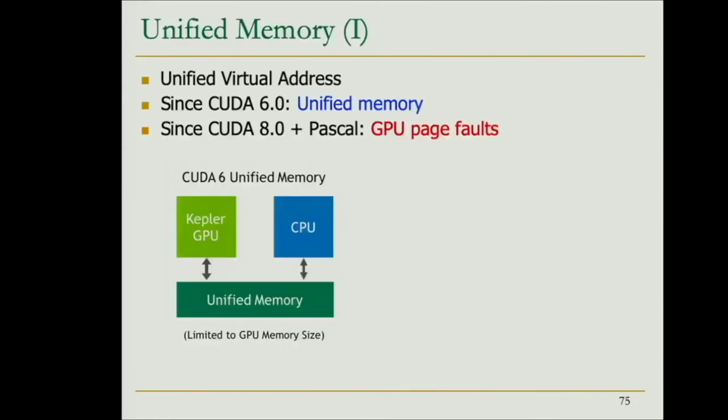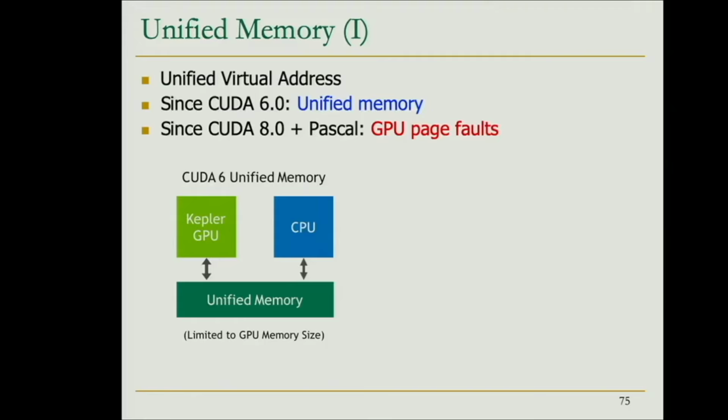To deal with these kinds of cases, we have unified memory. I'm going to use the CUDA term, which is unified memory. In OpenCL, this also exists, and it's called shared virtual memory, but it's exactly the same thing.